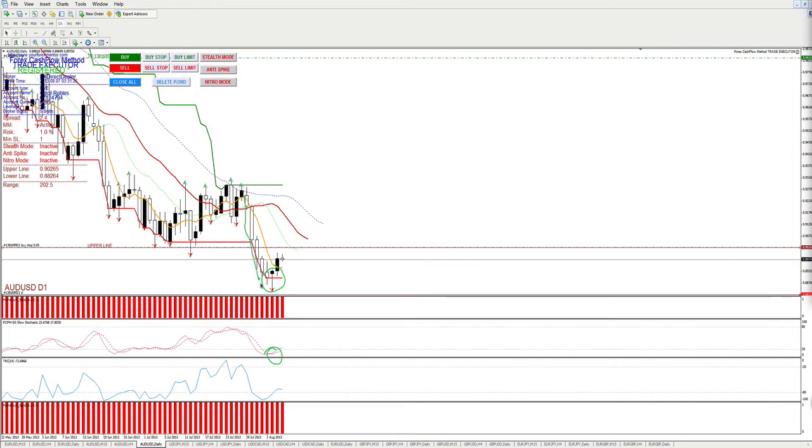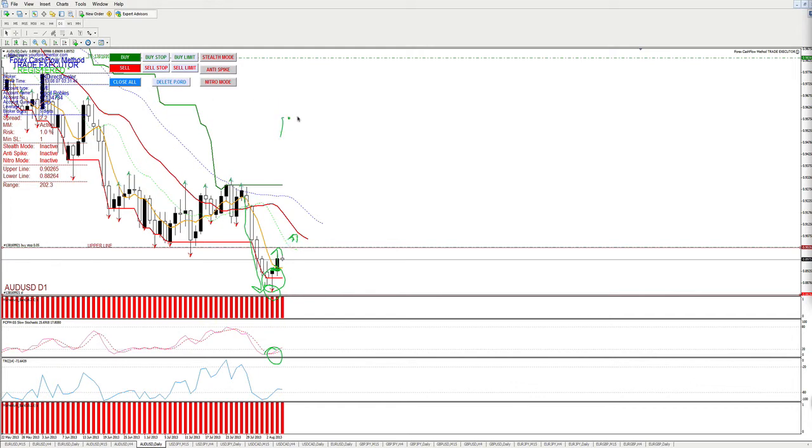We had a real steep pull away down here, and now we've got this short-term low that formed. When that formed at the break of this high, that gives us an indication that this market wants to turn up, and I really do believe this market is overdue for a correction.